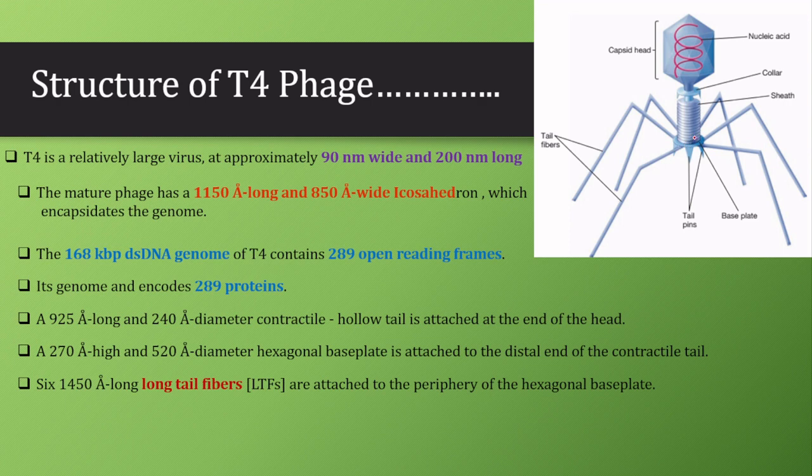As we discussed earlier, the hexagonal base plate bears 6 long tail fibers. These are the tail fibers, 6 of them, arising from each corner of the base plate.